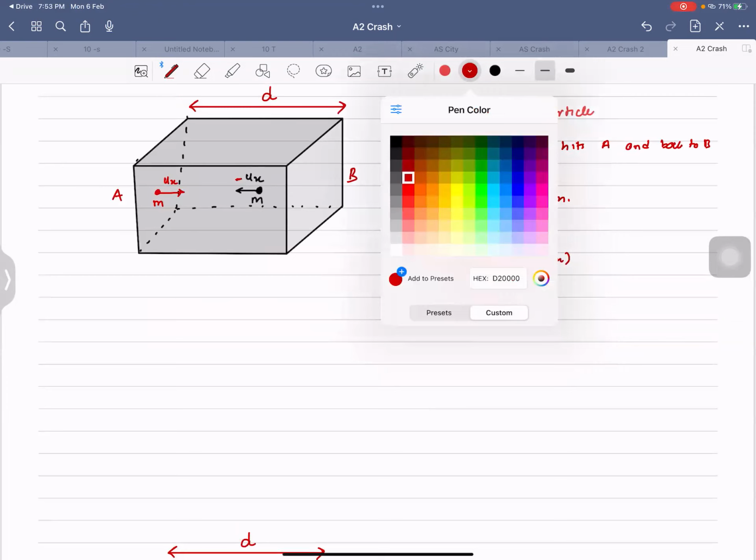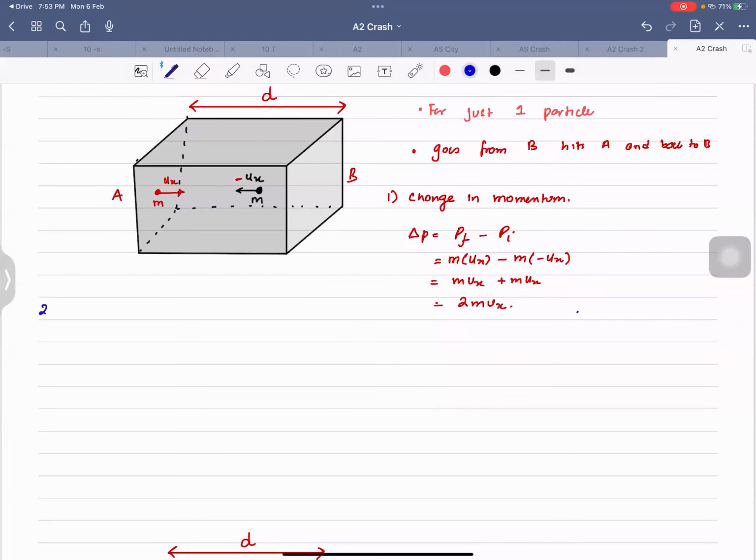Anyway, the next thing you're going to do, I'm going to change the color. Then you're going to find the time interval between successive collisions, which is when you go from B to A, collide at A, then go from A back to B, and then again the same path.